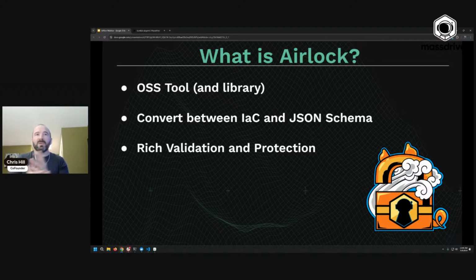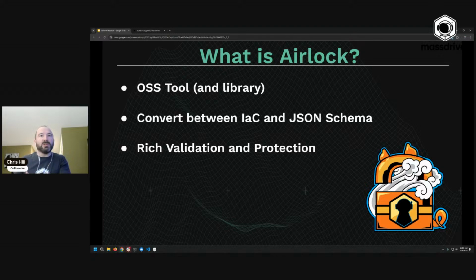What are some of the benefits of using it? Many of the IAC tools are limited or provide no validation on inputs. JSON schema is actually a powerful validator for JSON, and most IAC tools are able to understand and interpret JSON. By using Airlock, you can generate JSON schema documents that can help ensure that your IAC inputs don't have invalid values, and not just invalid.